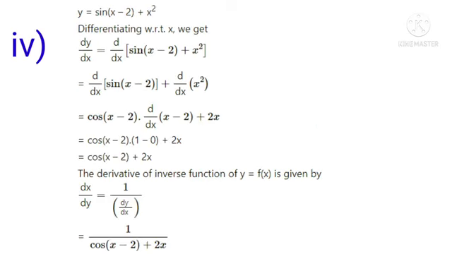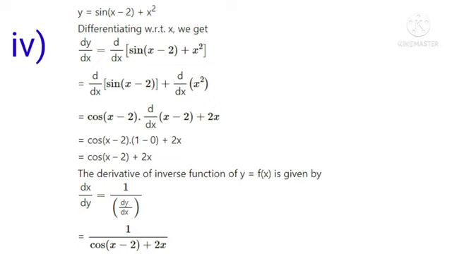Now see the fourth example in question number 3. y is equal to sine of x minus 2, bracket complete, plus x square at x is equal to 2. Write first y is equal to sine of x minus 2 plus x square. Differentiate with respect to x.